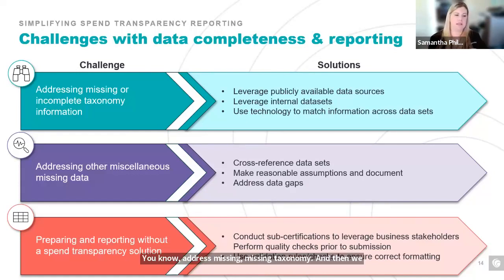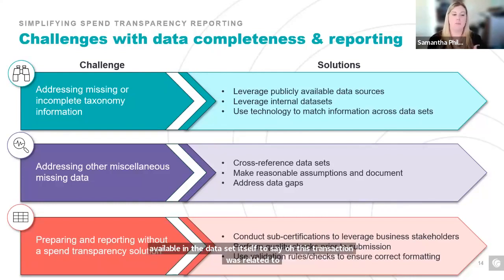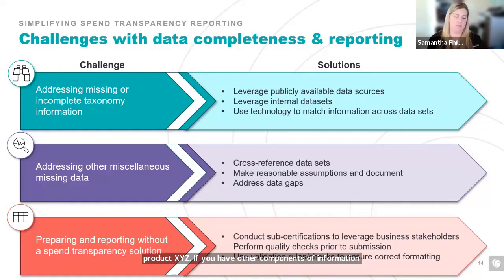So blending into the next, where we're talking about other miscellaneous missing data, one thing we often do is, in a company where you have multiple products and you maybe don't have that product information available in the data set itself to say this transaction was related to product XYZ, if you have other components of information, like a good example is if you know the rep who made that spend, and you can use your CRM data to say rep XYZ is specific to this product, then you can use that CRM or that territory or BU level data to merge it together and enrich and fill in gaps where possible.